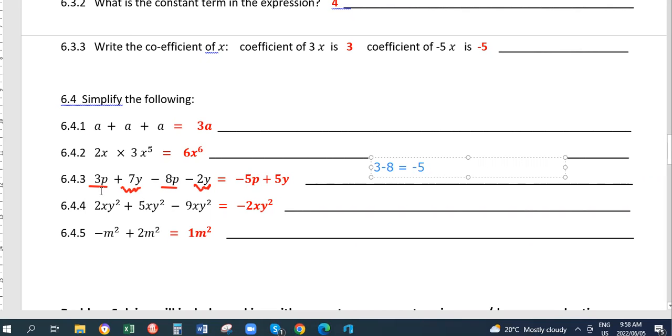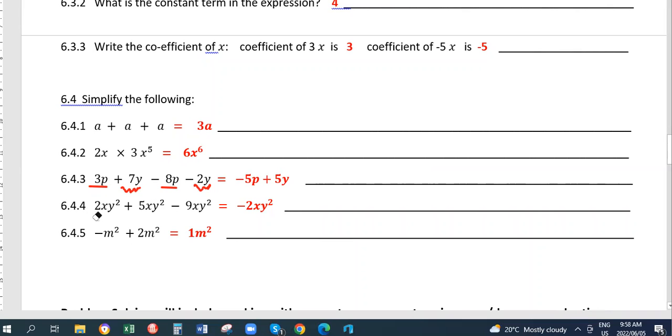So I know the answer for p, right? Then we know the answer for p plus 3p and negative 8p will be 3 minus 8. There's 3 minus 8, give me negative 5, and it belongs to p. Similarly, I can type in 7 minus 2, and I'll get the answer 5. But you know 7 minus 2 is 5.